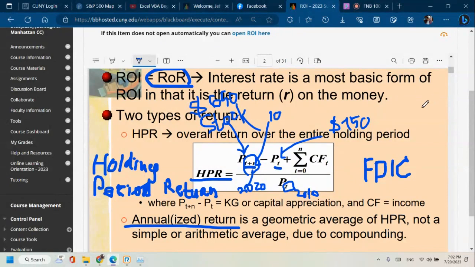Now, simply, anybody would think the return over these 10 years must be, oh, it's 500 over 150. Isn't that right?